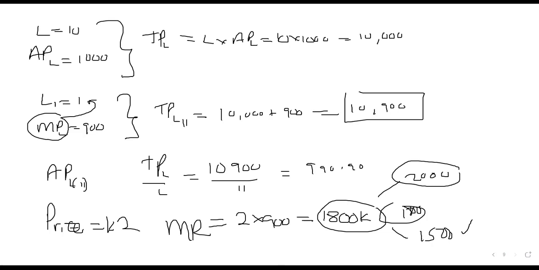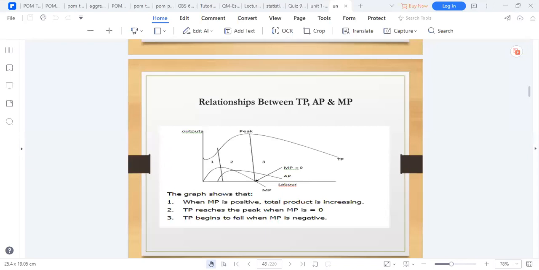3. But before we go there, I also need to mention that there are what we call stages of production. These stages are very important because they give us a cycle within which production undergoes.